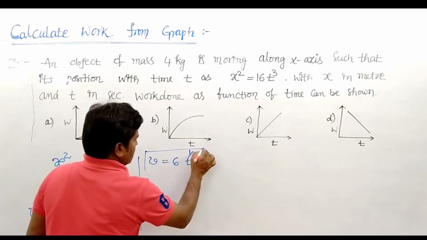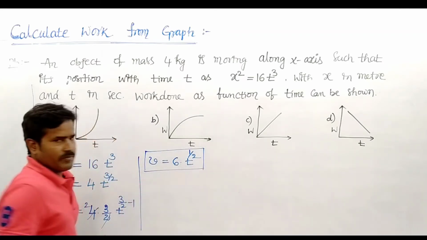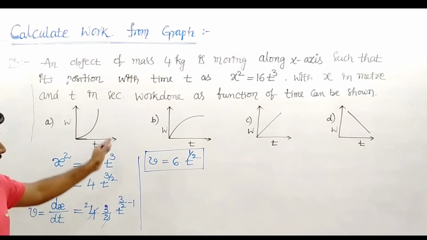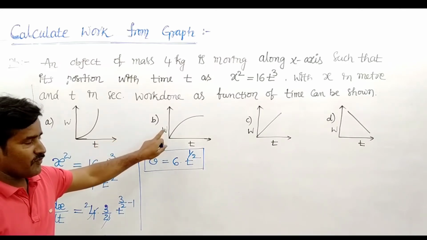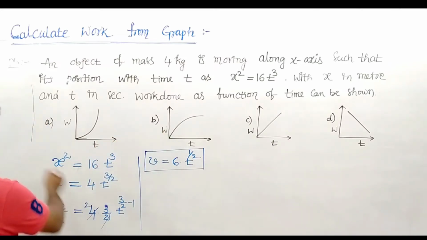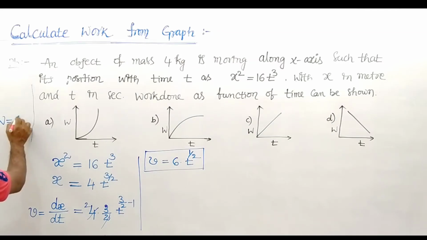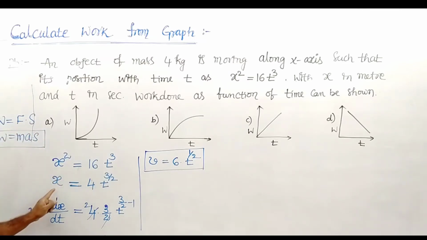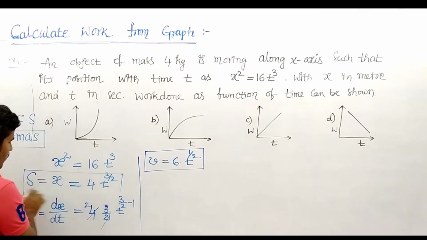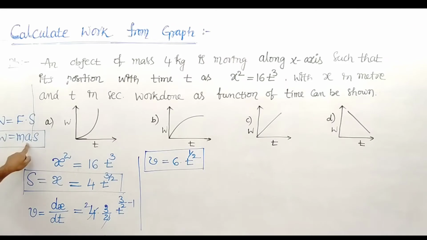This is the velocity. We calculate the acceleration because we want the work. Work is written as force into displacement. Work done is force into displacement, and force is mass into acceleration. We know the displacement, so we want the acceleration.